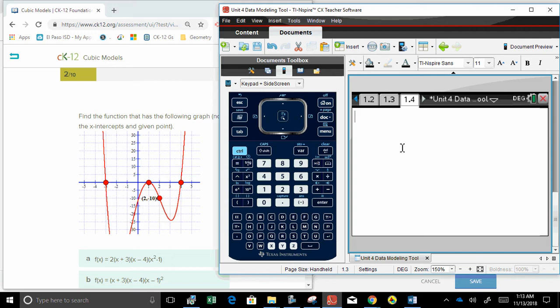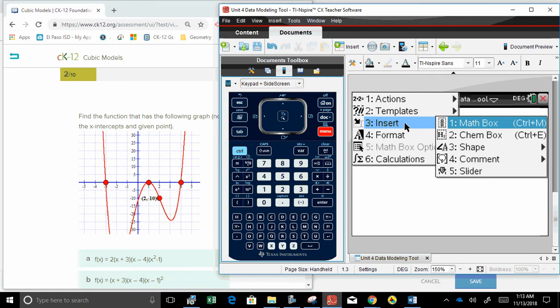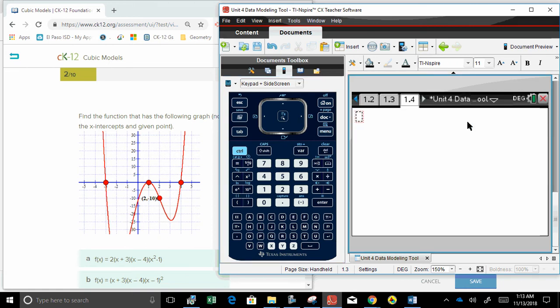Okay, so we know that we can insert a math box.